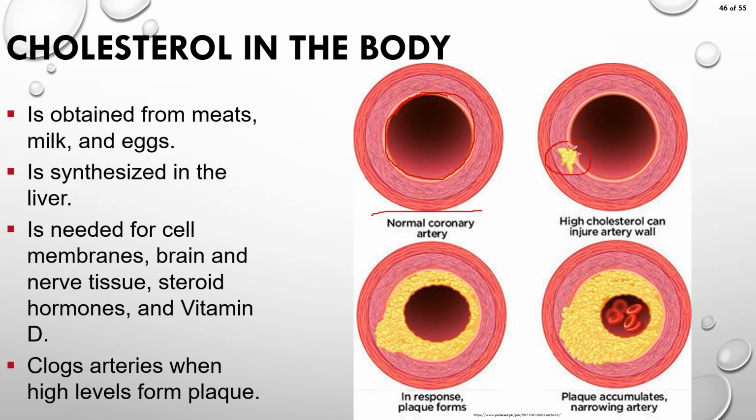You have a lot of cholesterol, and the diameter of the artery decreases. It's getting smaller. And then if the plaque accumulates, there is narrowing of the artery, which results in difficulty of blood flow.